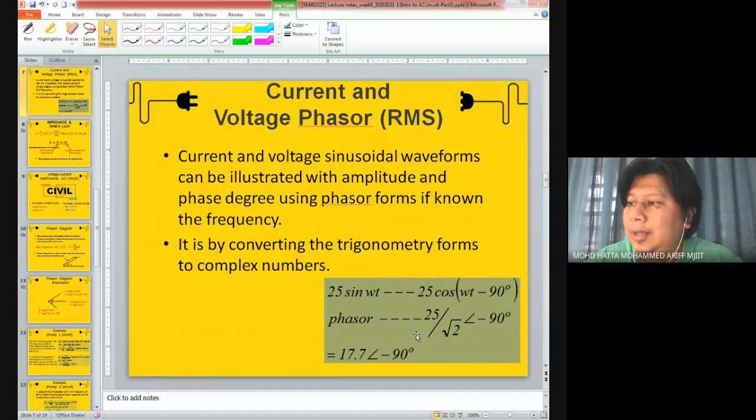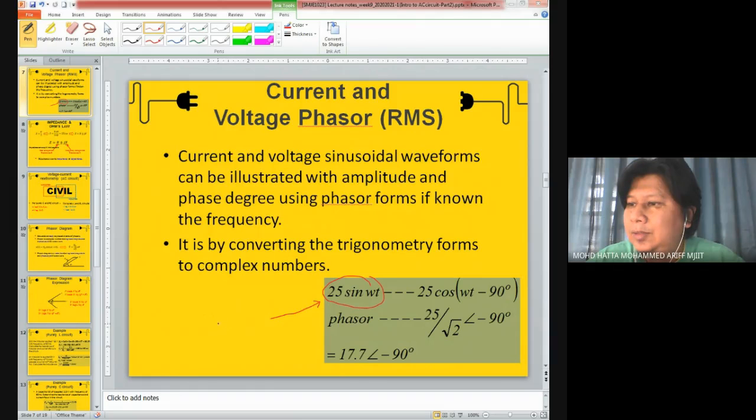You can write your voltage in RMS phasor terms like this: 25 divided by square root of 2 with the angle of negative 90. You can also use this waveform to calculate your phasor form.